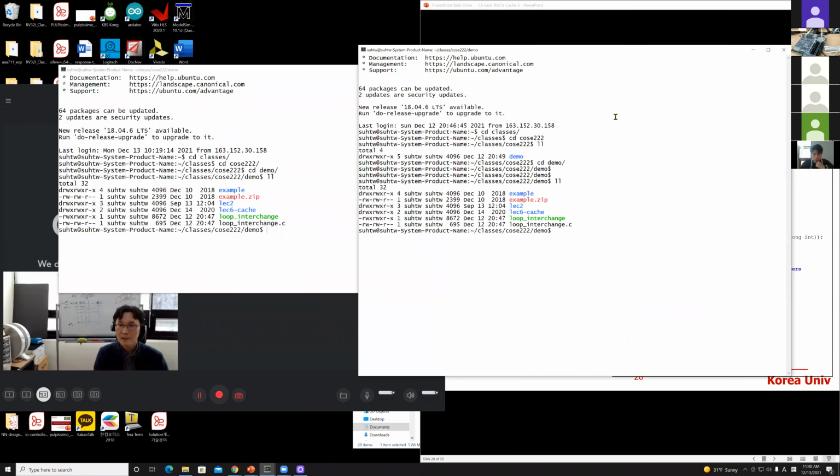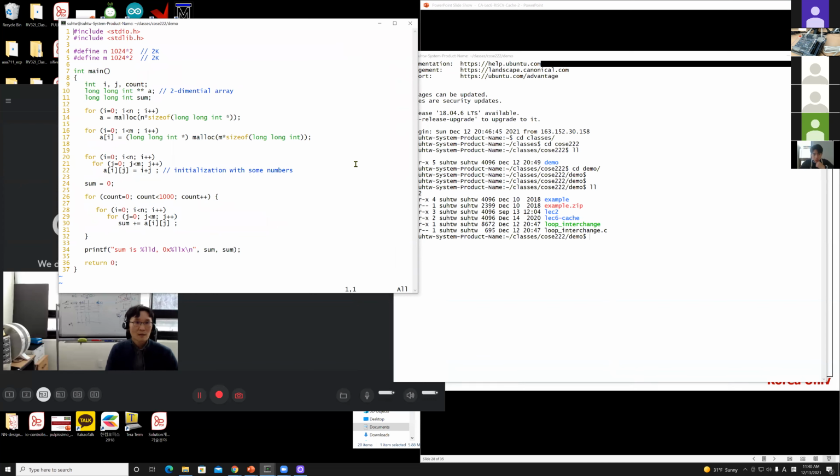Here is the demo program, loop interchange. Look at this: a bigger two-dimensional array, 2048 by 2048. It is created, initialized, and simply added 1,000 times.